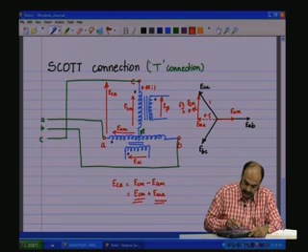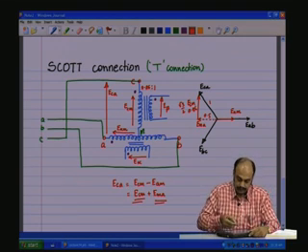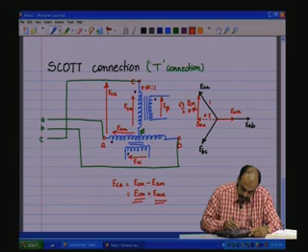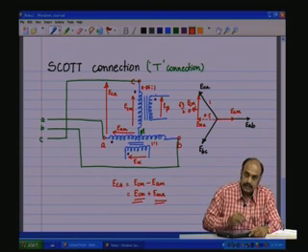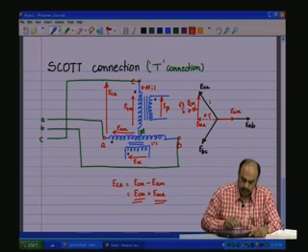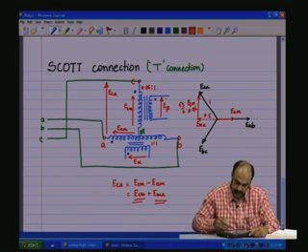So, E alpha is nothing but EAB, and we could have, let us say, 1:1 turns ratio. Now, this gets stepped up from 0.86 to 1 and you have E beta.